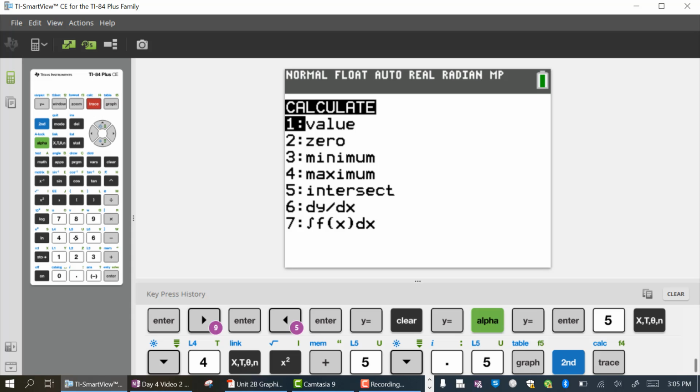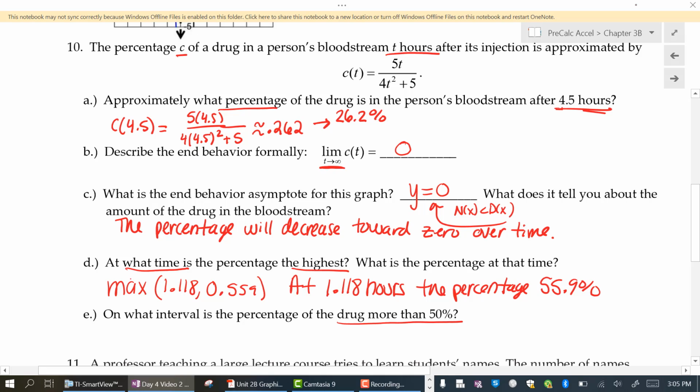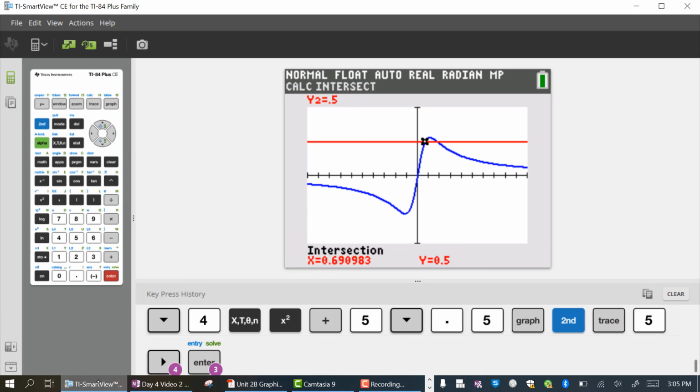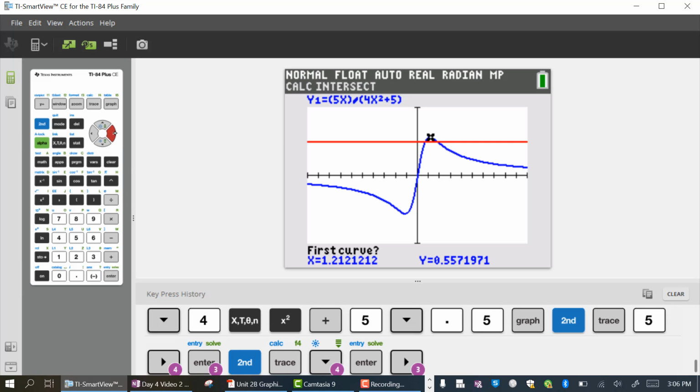So second trace, intersection, 1, 2, 3. So 0.69. 1.8.